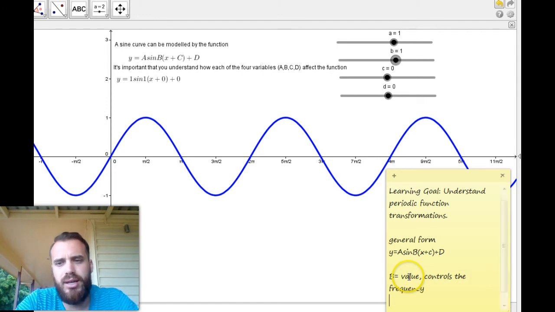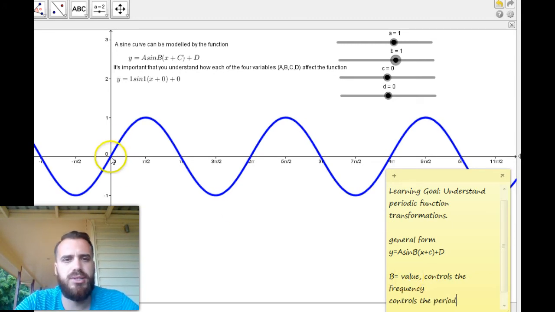Another way of looking at this is that it controls the period. Remember, the period is the time it takes for a function to repeat. So the period of this function is from 0 up, down, back up to the starting position, 2 pi. So it takes 2 pi across the x-axis for our function to repeat.